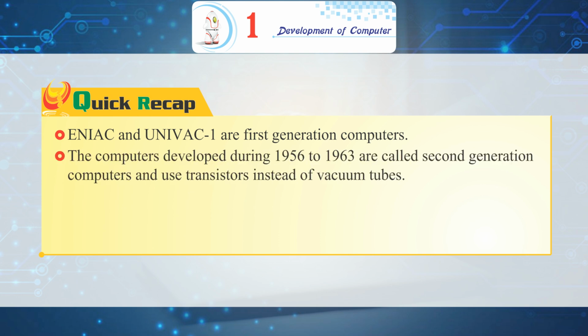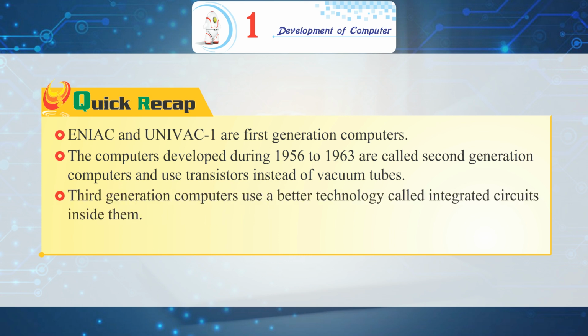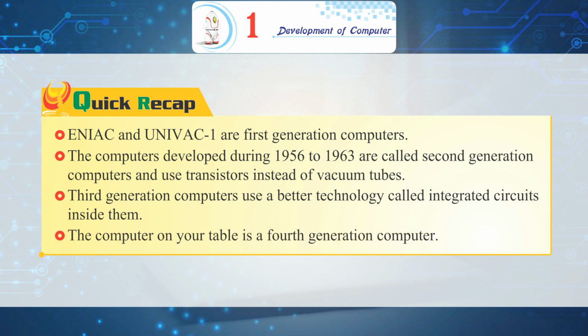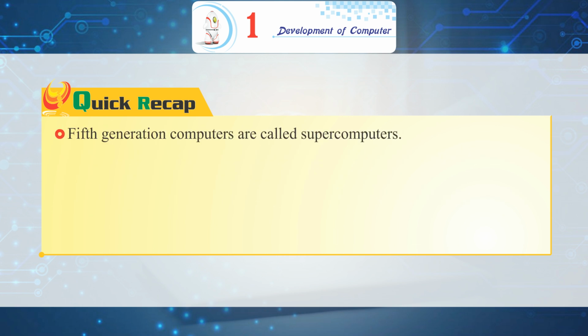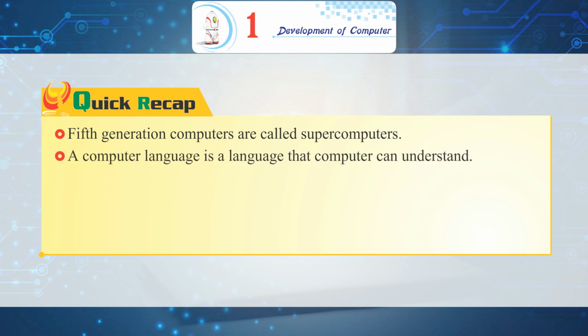The computers developed during 1956 to 1963 are called second-generation computers and use transistors instead of vacuum tubes. Third-generation computers use a better technology called integrated circuits inside them. The computer on your table is a fourth-generation computer. Fifth-generation computers are called supercomputers.